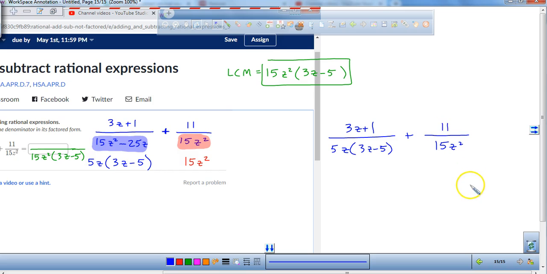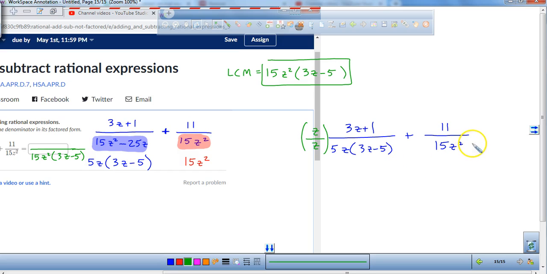So let's think about what we have and what we're missing. We need one more z. See this right here, we got a z, but the least common multiple has a z squared, so I need one more z right here. All right, that should suffice.